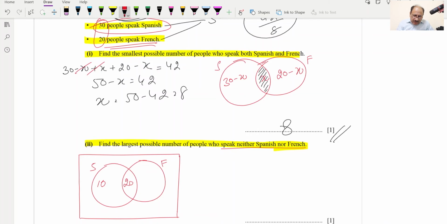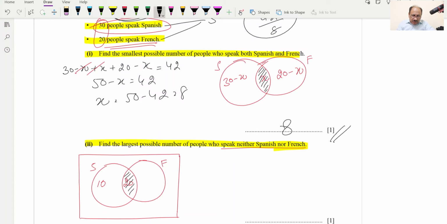So if we take 20 in the common area, which is the intersection of both, which we have written over here, it says that 20 people are speaking French and 10 people are speaking only Spanish, but Spanish and French are also 20. So total Spanish speaking people are 30.